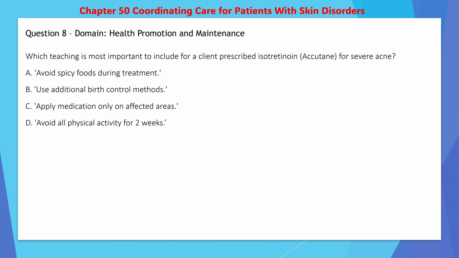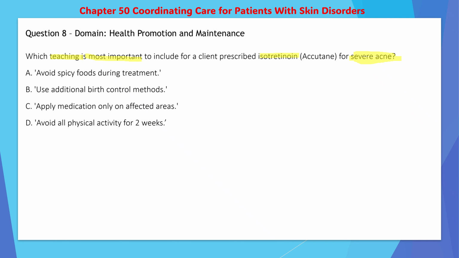Which teaching is most important to include for a client prescribed isotretinoin, the Accutane, for severe acne? So this is severe acne, here it's a medication, and most important, so teaching.